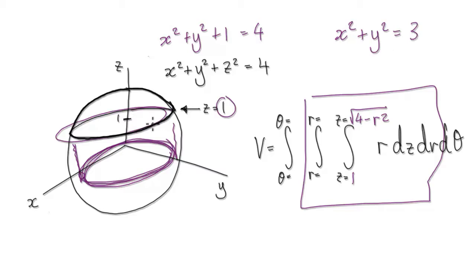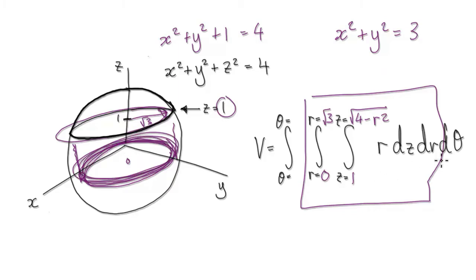So the circle has radius root 3. So in terms of r, you're integrating from a radius of 0 to a radius of root 3.